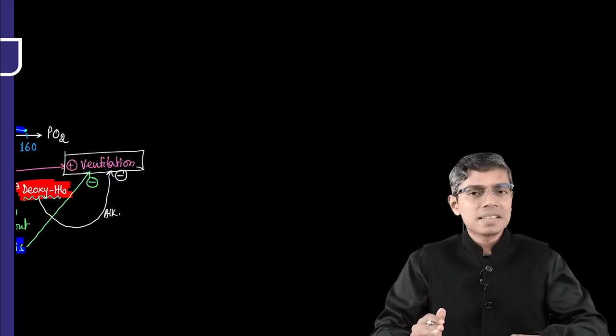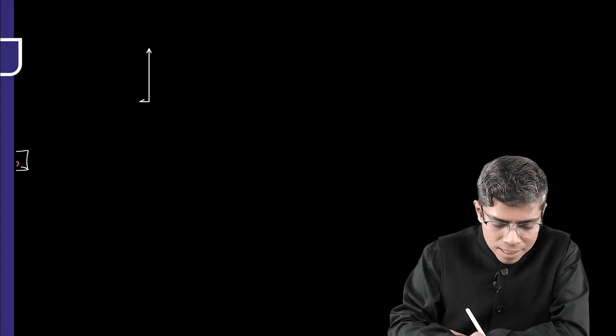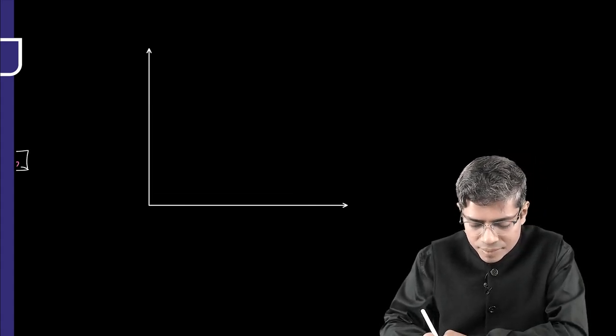Now I have to explain another curve where we have to combine two stimuli: hypercapnia along with hypoxia. What is going to happen, right? So I am drawing another curve here. Again, this curve is very important.